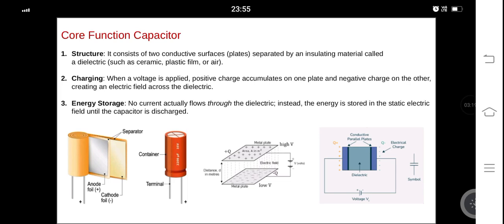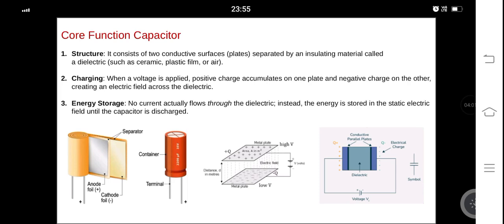Now we discuss the second point, charging. When a voltage is applied, positive charge accumulates on one plate and negative charge on the other plate, creating an electric field across the dielectric. It is very clear that whenever you connect a battery, the positive polarity of the battery is connected to the anode and the negative polarity of the battery is connected to the cathode.